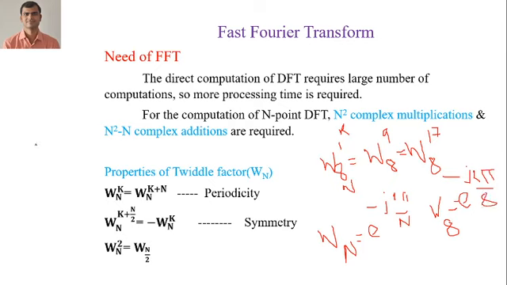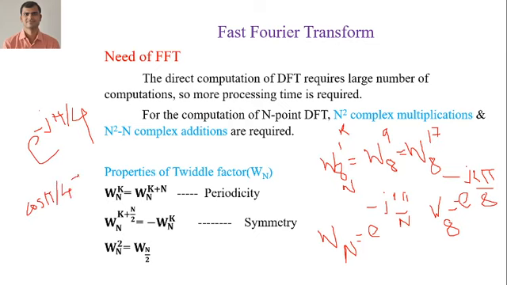We can write e raised to minus j pi by 4 as cos pi by 4 minus j sin pi by 4, using Euler's identity.